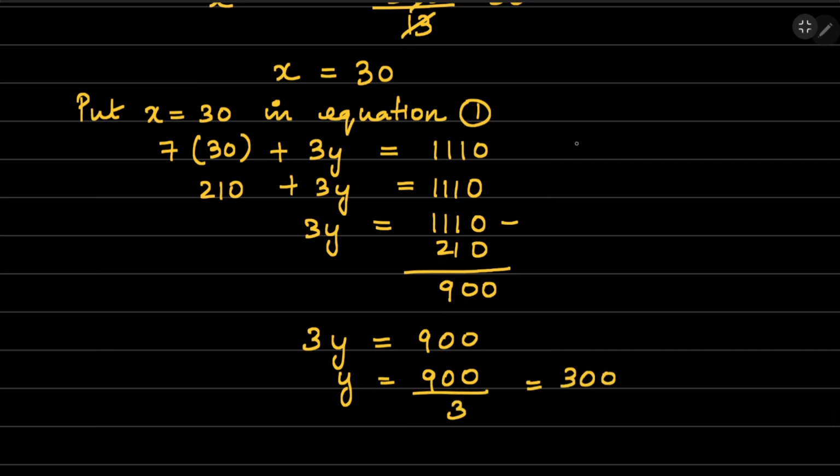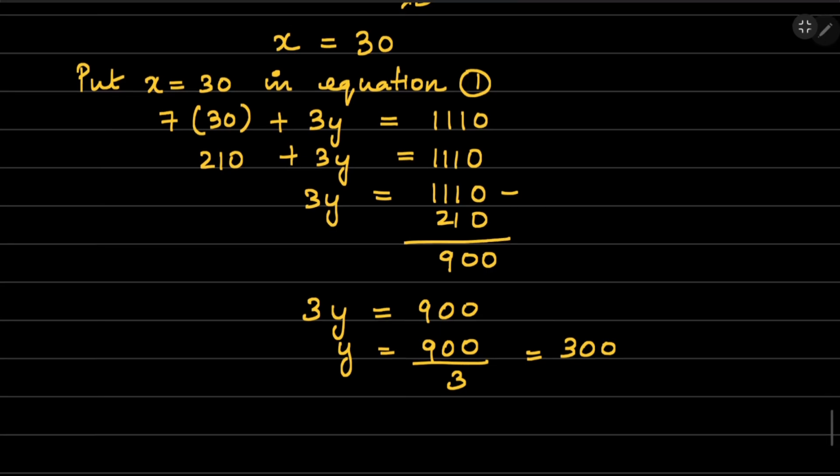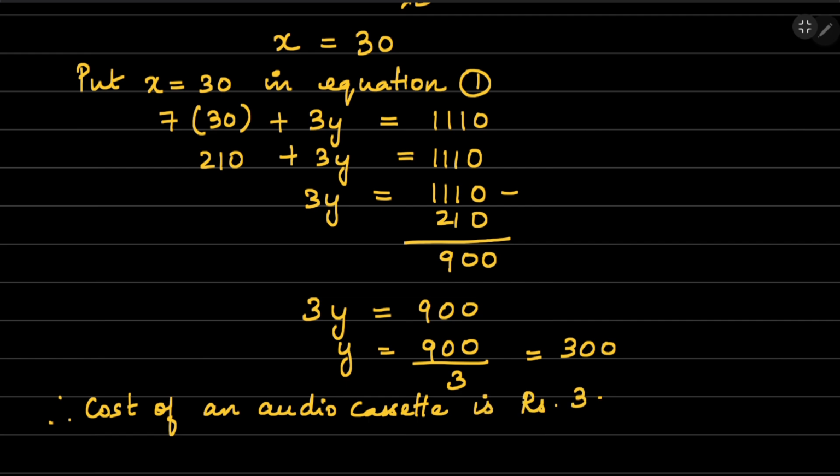At the end you have to write: therefore, the cost of an audio cassette is rupees, what is x that you got? Rupees 30.